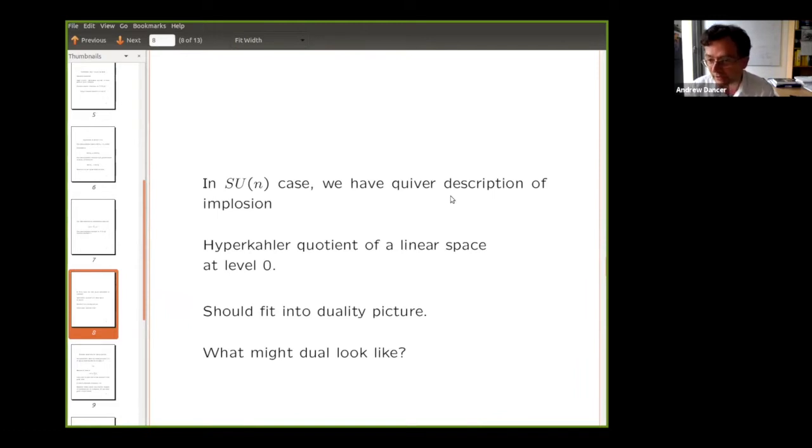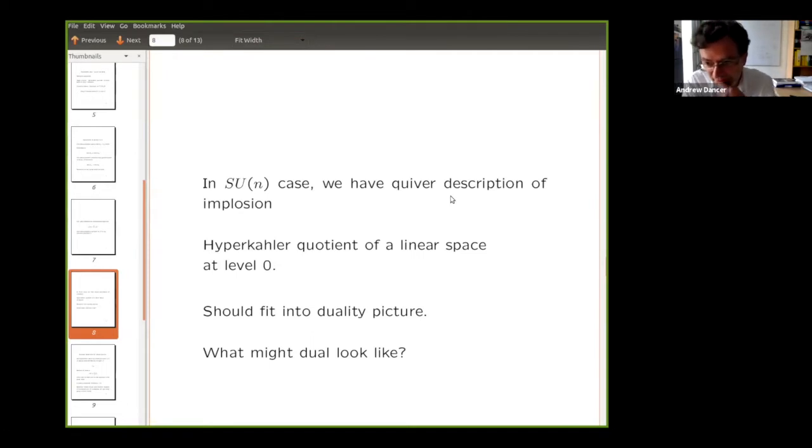So it turns out to be a nice finite dimensional construction. It is actually a hyperkähler quotient of a linear space at level 0. Because it's at level 0, we expect a kind of conical structure and the SU(2) action rotating the complex structures. So this should fit into the duality picture, just as many other examples of quiver varieties do.